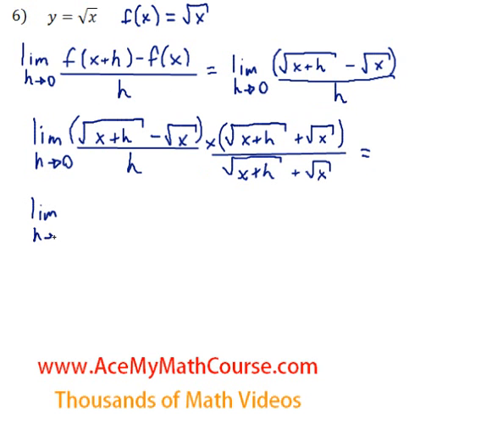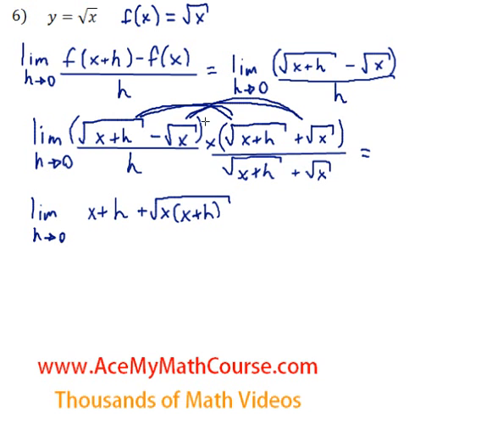So we have the limit as h approaches 0. Now, what we can do is expand this. The square root of x plus h times the square root of x plus h is just x plus h. Then we have the square root of x plus h times the square root of x, and that is the square root of x times x plus h. Fantastic. And we continue distributing.